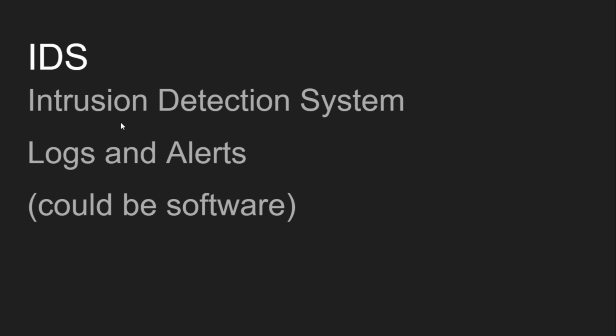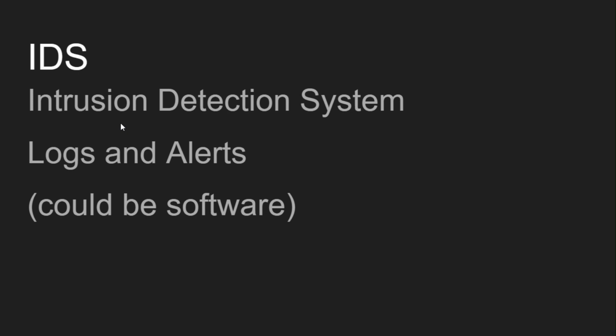Intrusion Detection System. And what does it do? It basically gathers logs and alerts. Keep this in mind. It could be a cube-like hardware device, or it can also be software that is installed within a device.